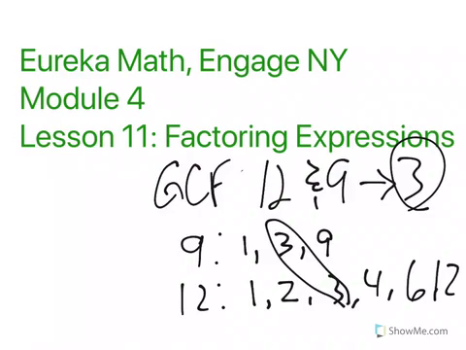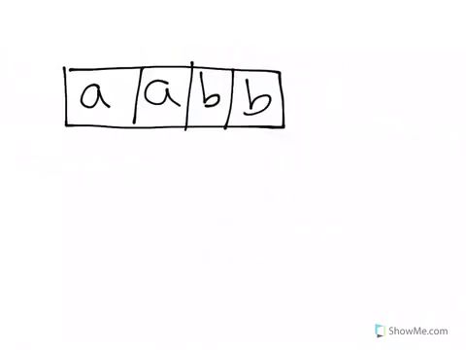So let's jump into a couple of examples, because I think this is the kind of thing that as you see it, you'll start to understand how we're going to use it. If you look at this example, it has variables. We have A, B, and B, and they're being put together, so we can say that's addition. But if we want to break this down, we could say that A and A is 2A, it's A 2 times.